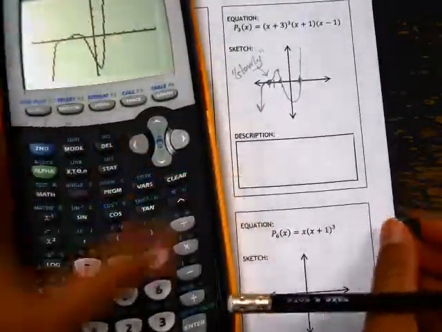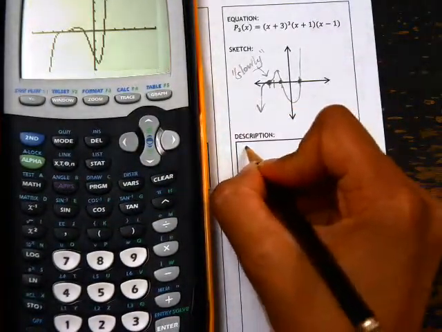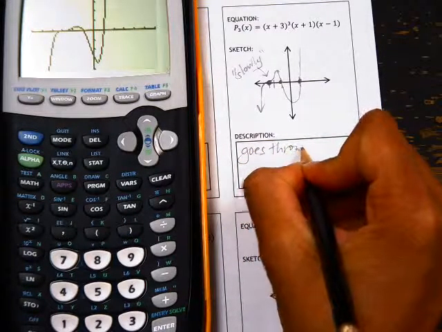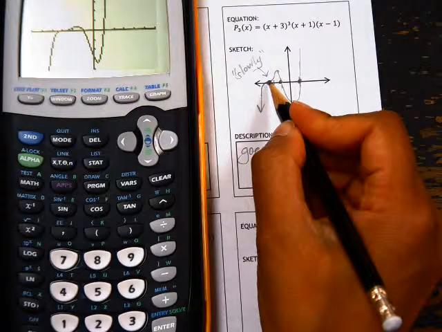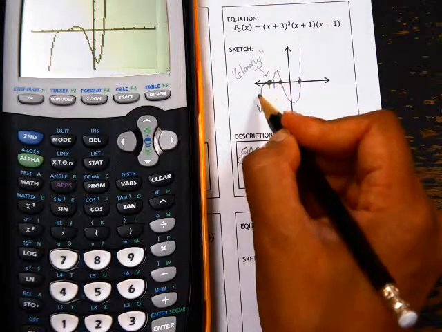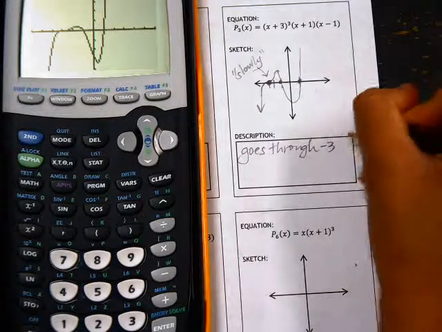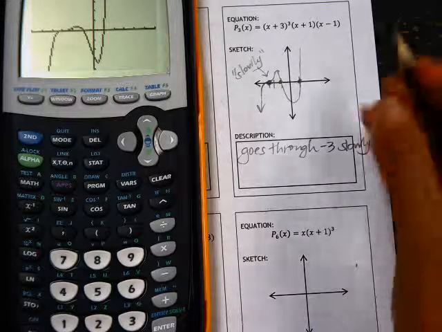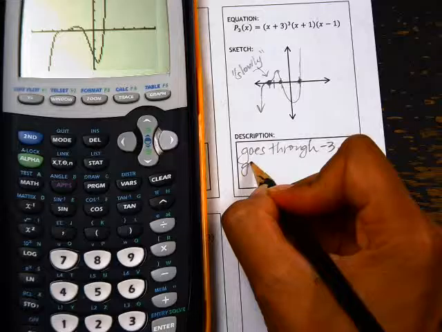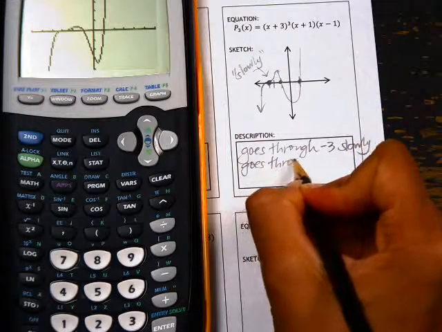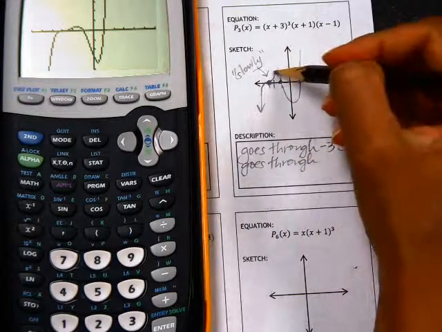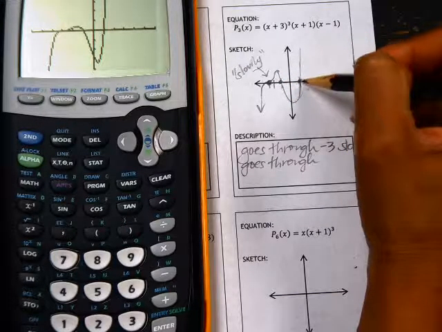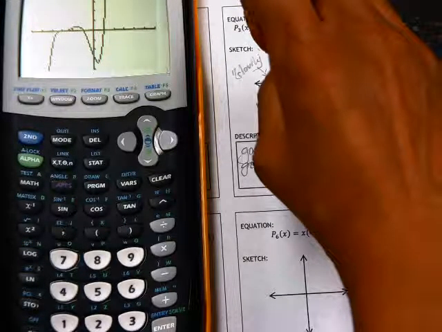So when we describe the graph, it goes through -3 because it goes from one side to the other side of the x-axis slowly. Instead of just going through, it's going through slowly. It's going through -1, so from this side it's going through the other side, and at +1 it's also going through.